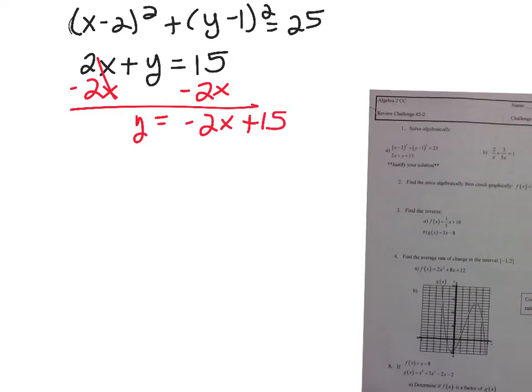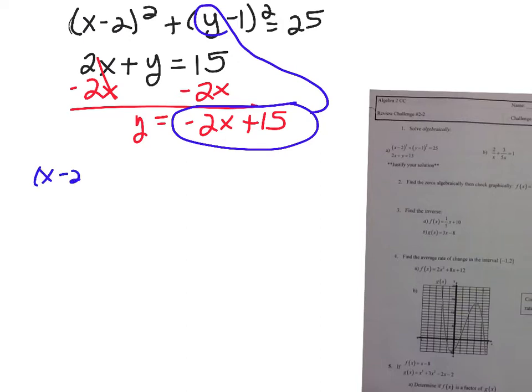So now what I'm going to do is take this equation and substitute it in for the y value. So I have (x minus 2) squared plus, now plug in my y, (negative 2x plus 15) and then I have the minus 1 after it, squared is equal to 25.